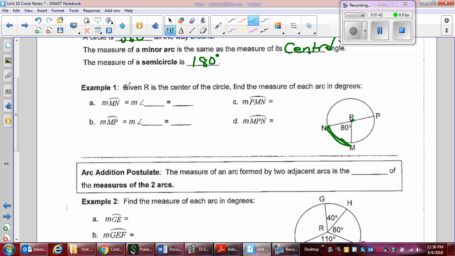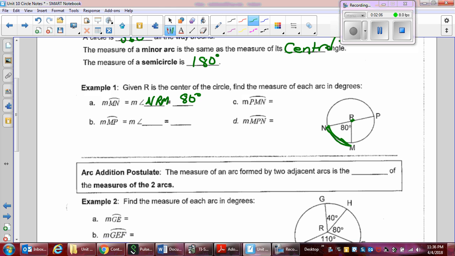So the measure of the arc is going to be the same thing as angle NRM, which is 80 degrees, right? Next is MP.